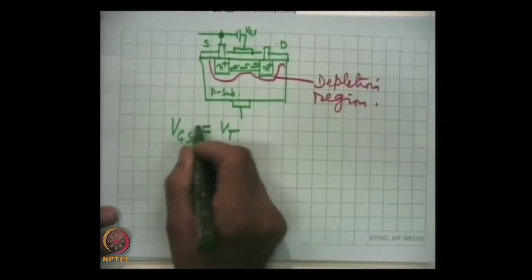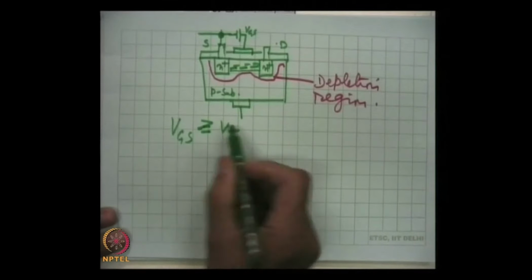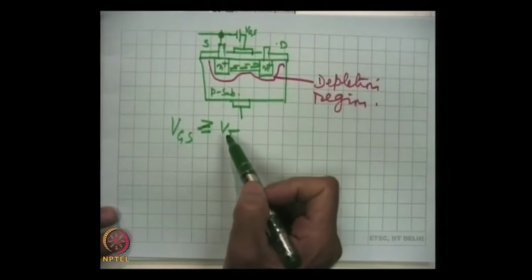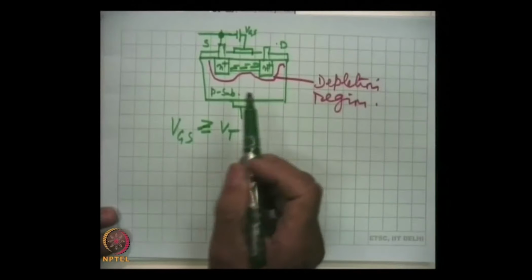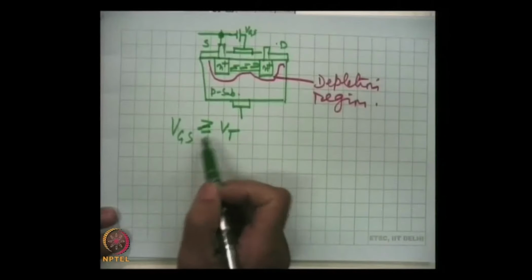In fact, it is normally greater than that. If the gate-source voltage is less than the threshold voltage, the channel will not be formed, and so the device works only when there is a channel, and for that we should remember this.